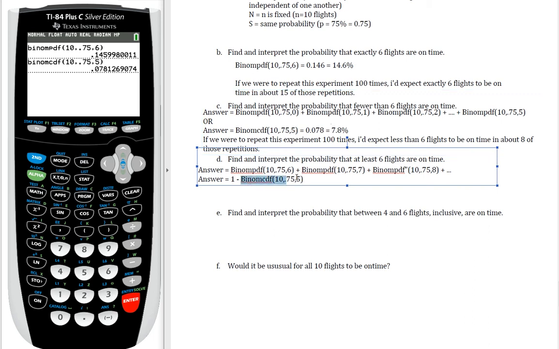This way, Binomcdf finds the probability of 0, 1, 2, 3, 4, or 5 successes. And if I take that probability away from 1, I am left with the probability of everything else, which would be the probability of 6, 7, 8, 9, or 10 successes. Since we already have this from the previous answer, I could just say 1 minus 0.078 approximately, and that should give us 0.922 or 92.2%.